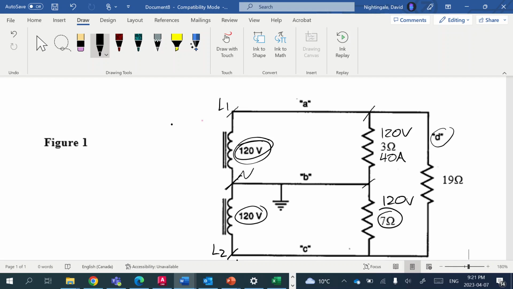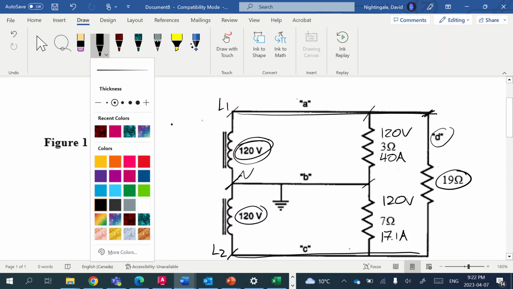So we can divide its resistance into the voltage, 120 divided by 7, which gives us 17 point, we'll call it 1 amp. All right, so we know the current going through both those 120 volt loads, and we also have the 19 ohm load as well. So the 19 ohm load is going actually across line 1, directly across line 2.